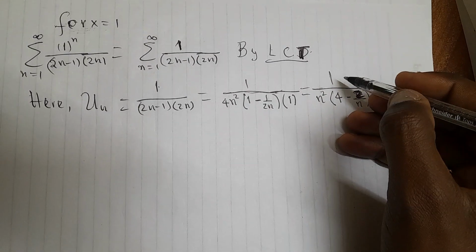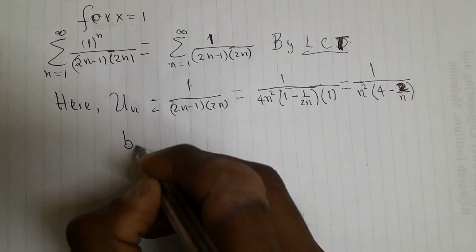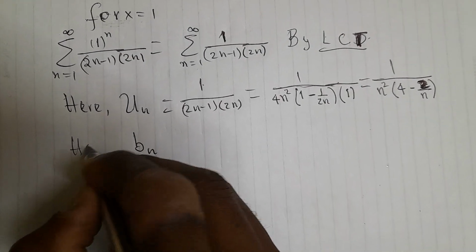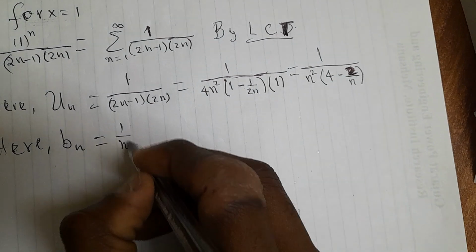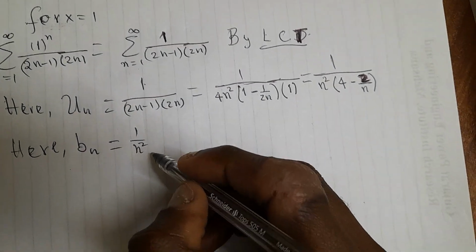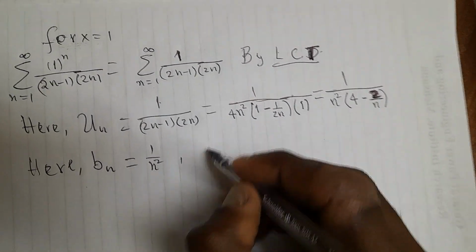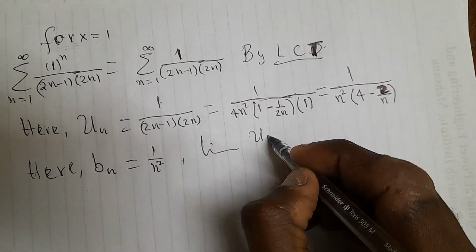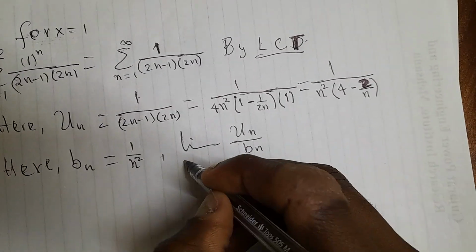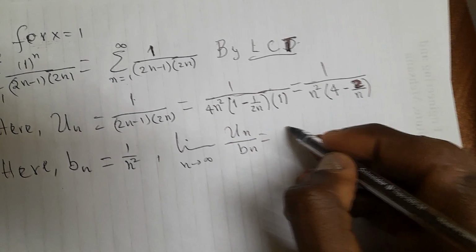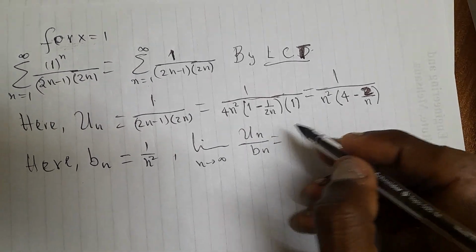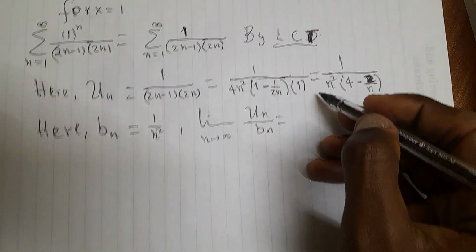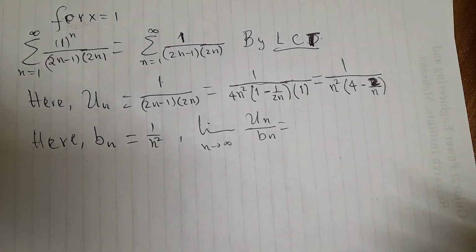Nice. Now, here, what will be bn? bn will be 1 upon n square. So the limit of un upon bn, when n goes to infinity, will be equal to what? This limit must be different from 0, and cannot also be infinite.